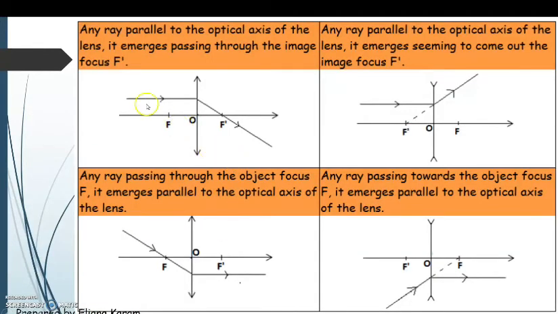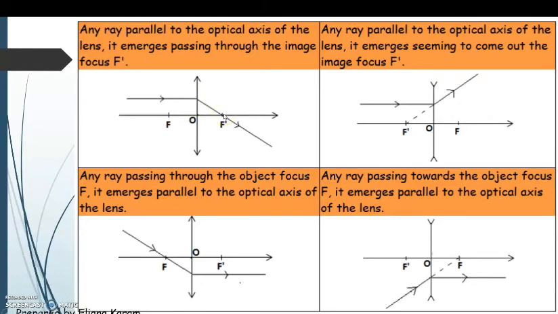Any ray parallel to the optical axis of a converging lens emerges passing through the image focus. So any ray parallel to the optical axis, when it hits the lens at a specific point, is going to collect at the image focus F prime.